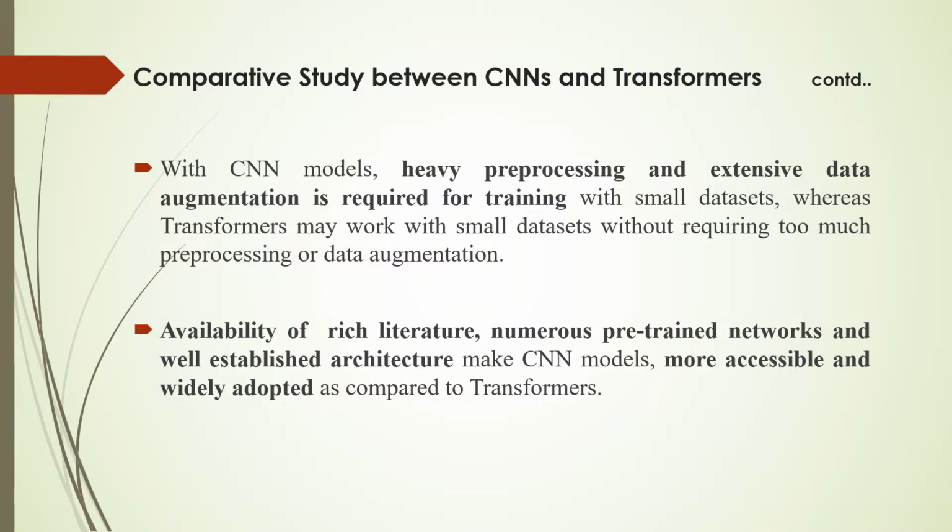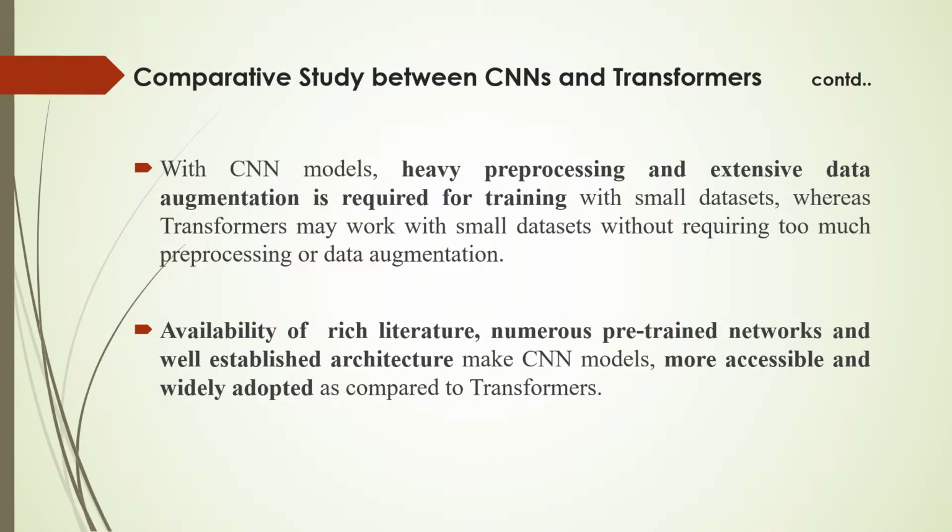With CNN models, we require heavy pre-processing and extensive data augmentation for small data sets, whereas transformers may be trained with smaller data sets without requiring too much pre-processing or augmentation. And CNNs are the most accessible, given the availability of rich literature.